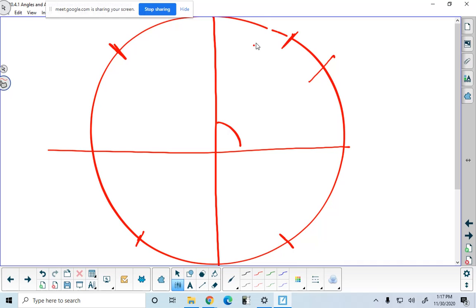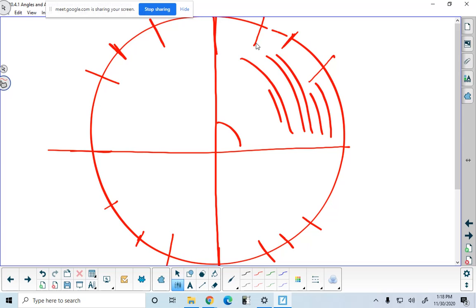So there's 1, 2, 3, and so on in each quadrant. So you end up, this is a 30-degree chunk, this is a 45-degree chunk, and this is a 60-degree chunk. But hopefully you have that sheet of paper there.